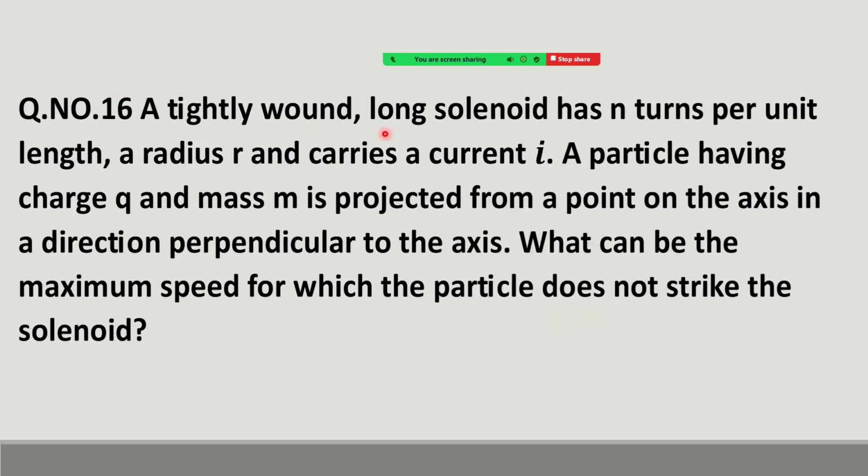A tightly wound long solenoid has n turns per unit length, radius r, and carries a current I. Given: number of turns per unit length n, radius is r, current is I. A particle having charge q and mass m is projected from a point on the axis in a direction perpendicular to the axis.